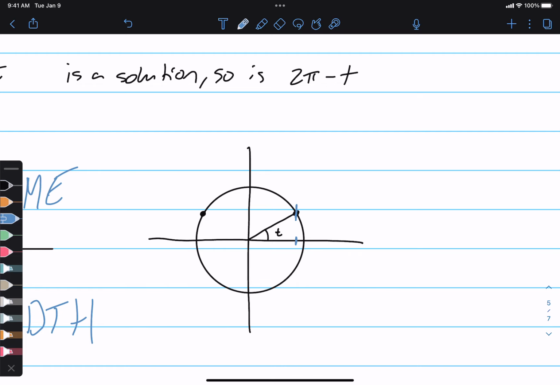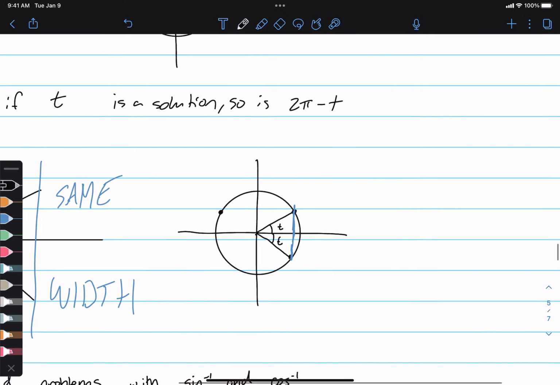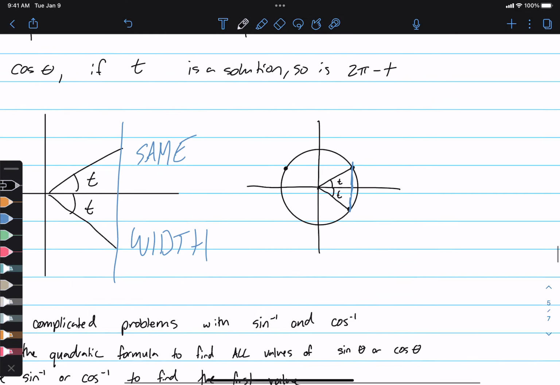So, well, then this angle right here is going to have the same width, the same x coordinate. And this angle is t counterclockwise, right? Which is an angle of negative t, but we have to add 2 pi to that to get it back on a unit circle. So if t is a solution, so is 2 pi minus t, right? So that's going to be our two solutions.